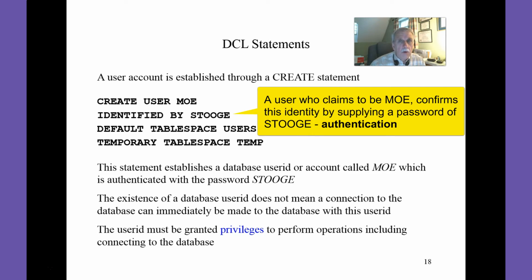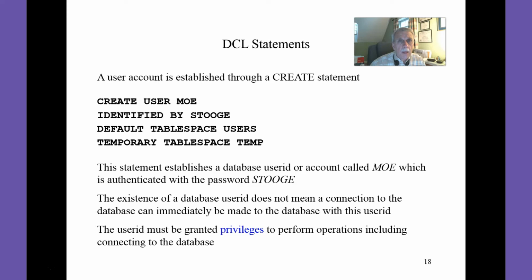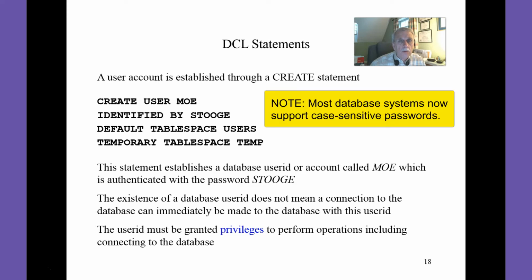In this example, we're creating a user Mo. That's the identity. We're telling the system that this user Mo would be authenticated with a password which happens to consist of the uppercase letters STOOGE, the word stooge. Oracle, like most commercial relational databases today, supports case-sensitive passwords. Here we've chosen just to use all uppercase.